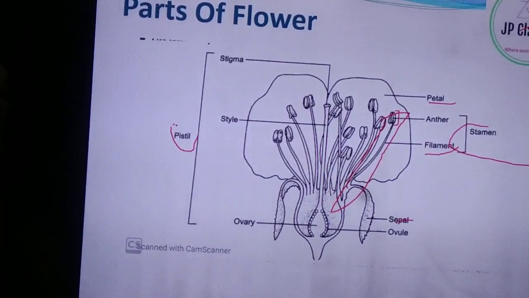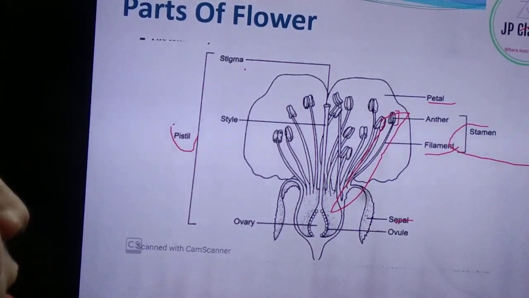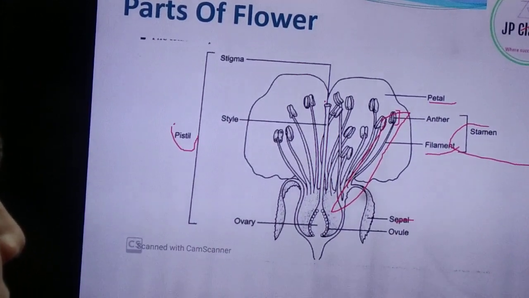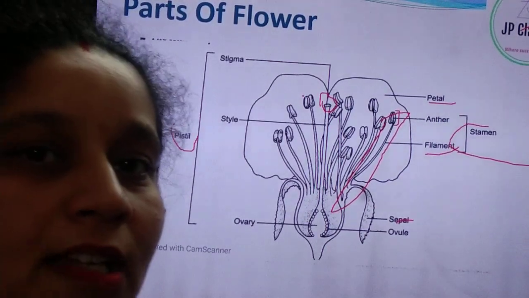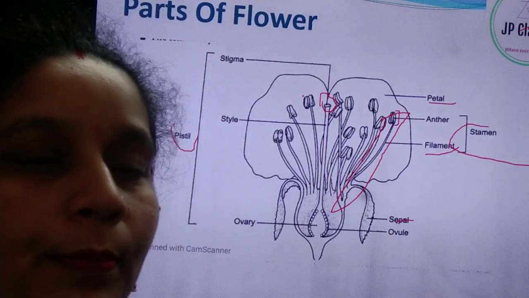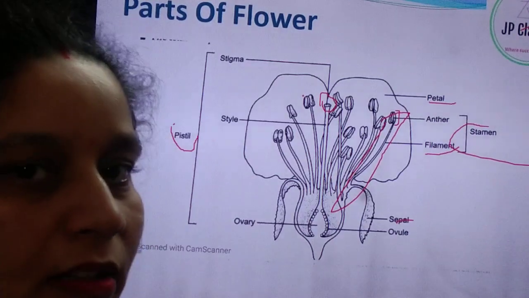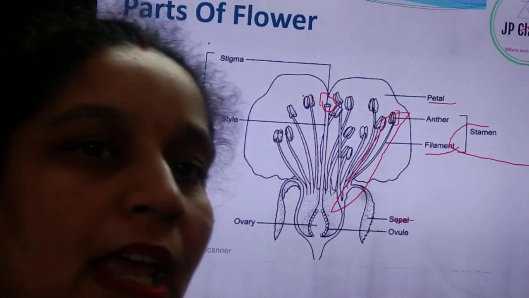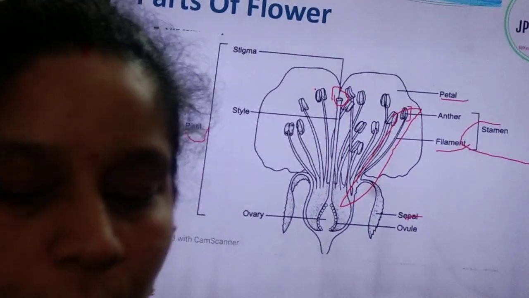The pistil's other name is carpels, and these carpels follow three parts. The uppermost part, the stigma, has a cushion-like structure which helps in collecting all the pollen grains which have come either from the pollinators, the wind, the water or anything. They reside on this stigma.